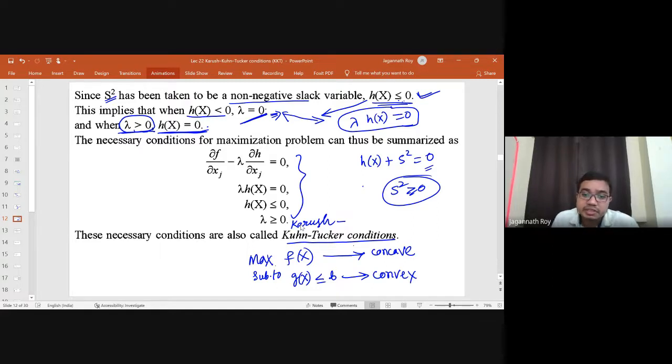If this is a minimization, then we will have a convex function. It can also be the case where it is non-convex. These three possibilities are there, but we will focus only on this concave case. So when this function is concave and the constraints are convex, then these necessary conditions also become sufficient conditions.